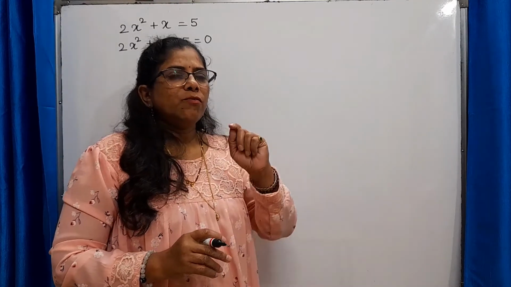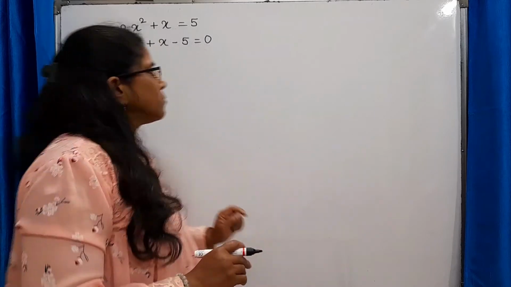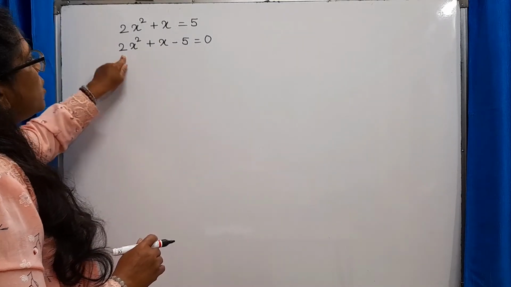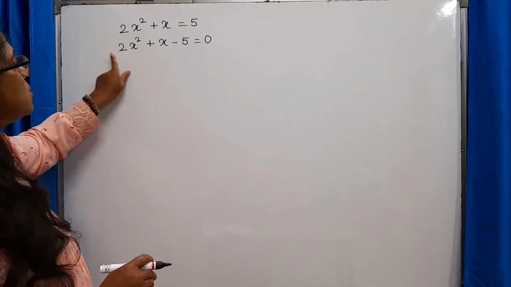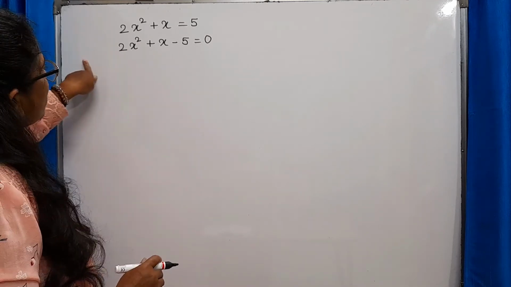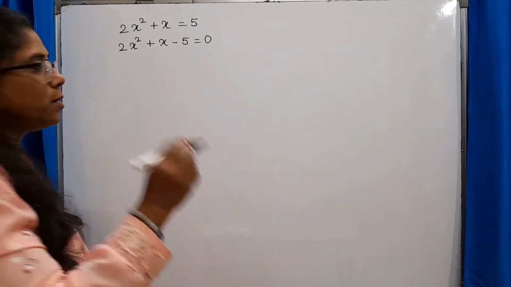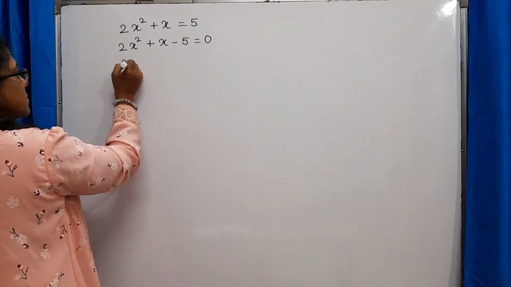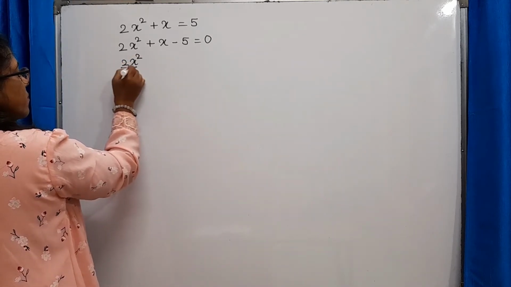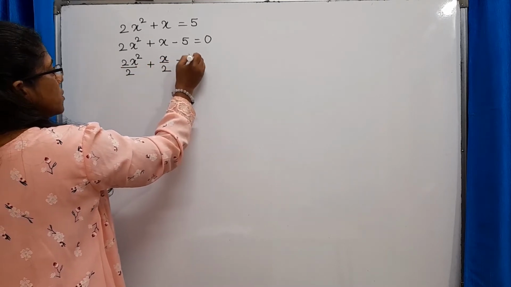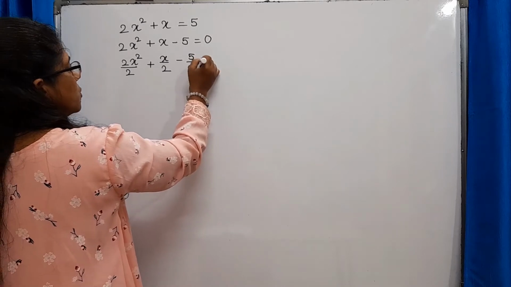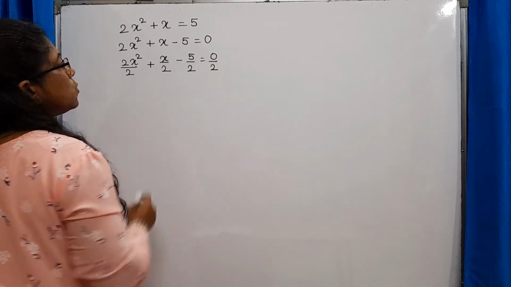Now here our value of a is not 1, it's 2, and we don't want any other coefficient other than 1 for this x square. So to remove this 2, we have to divide all the terms by 2. Let's divide this. 2x square upon 2 plus x upon 2 minus 5 upon 2 is equal to 0 upon 2.